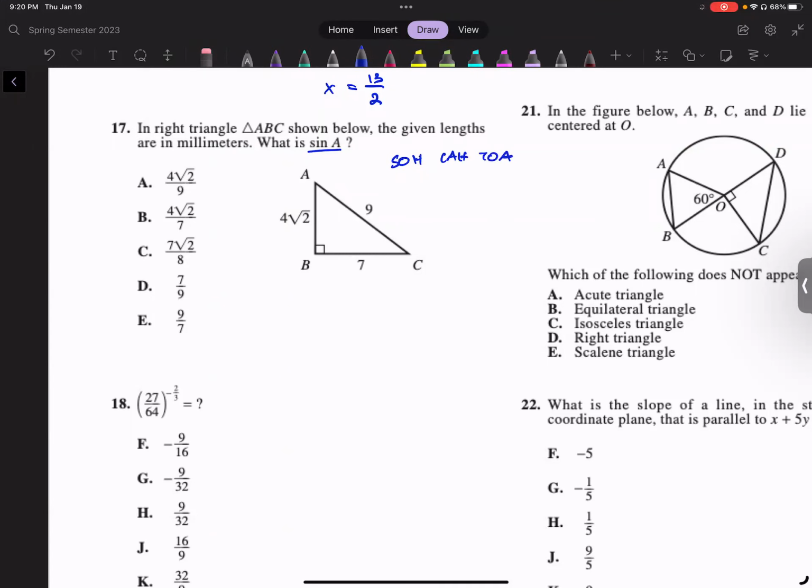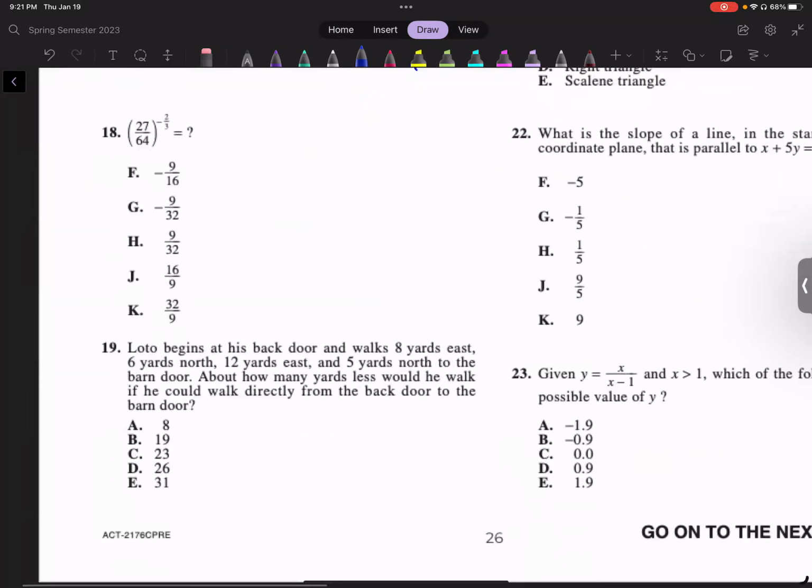Sine A is equal to the opposite of A over the hypotenuse. Remember, always refer to the angle. So the opposite is the opposite side, which would be 7. The hypotenuse is the side crossing the 90. So sine A would just be 7 over 9. Easy peasy, lemon squeezy.